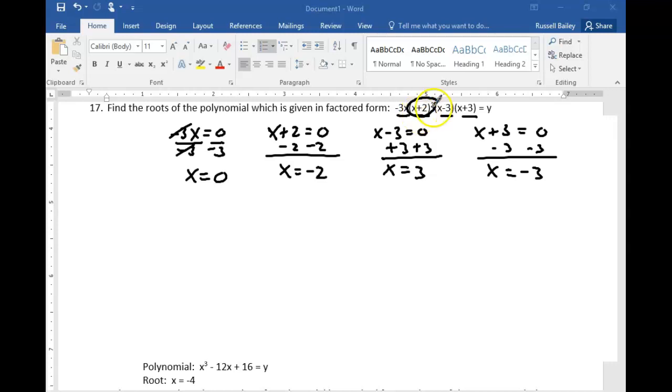So x plus 2 has an even exponent of 2, and the root that came from that was here. So this is my bouncing root, and the other ones are through roots. If I were graphing this, these would be the 4 points on the x-axis, and our graph would go through the x-axis here, here, and here, but it would bounce off of the x-axis at x equals -2.